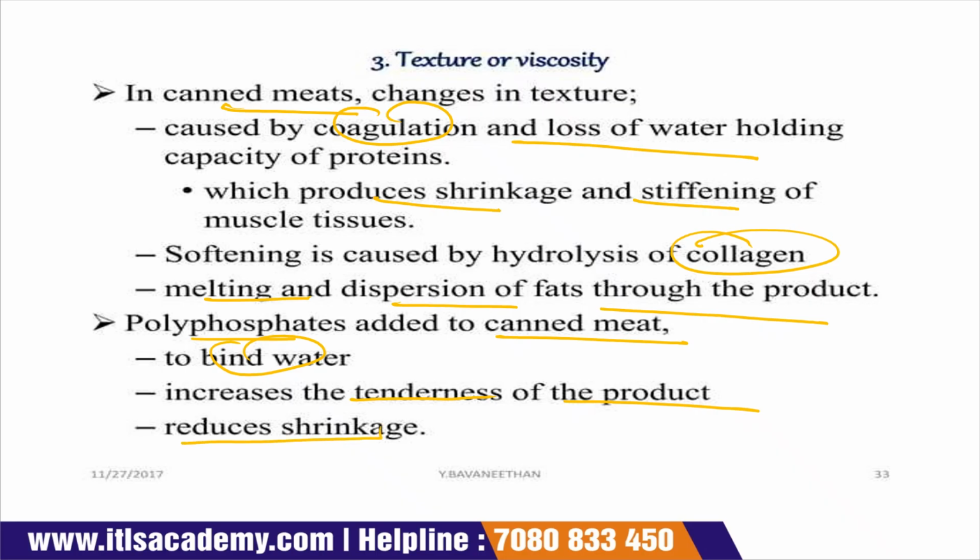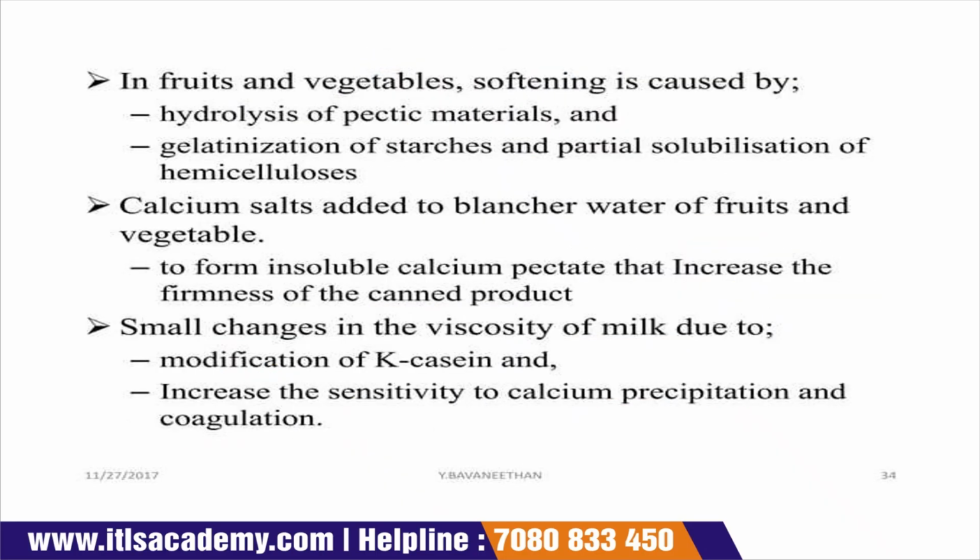If we talk about fruits and vegetables, the softening occurs due to the pectic material present in the fruits and vegetables, which is hydrolyzed, then gelatinization of the starch and solubilization of the hemicellulose, but this solubilization is partial.